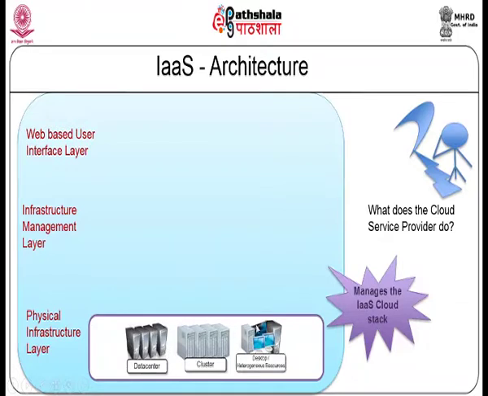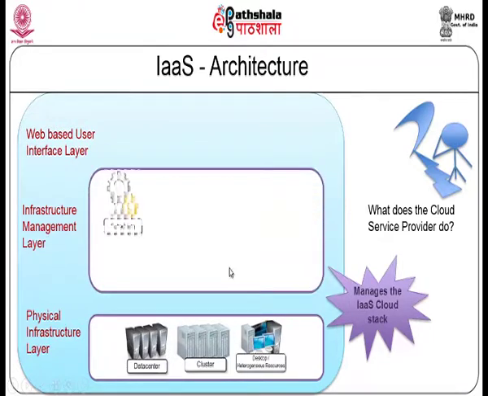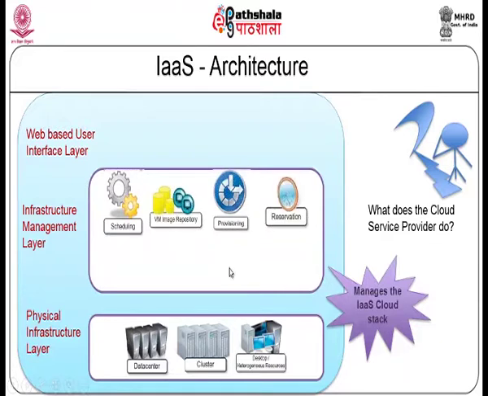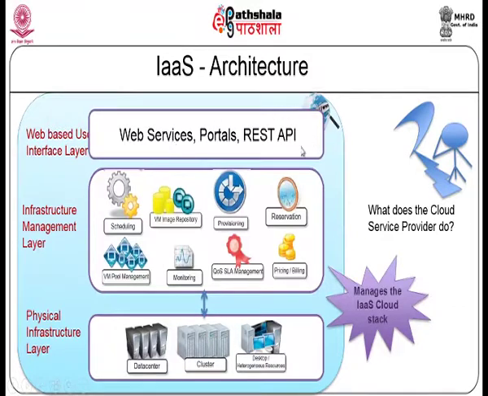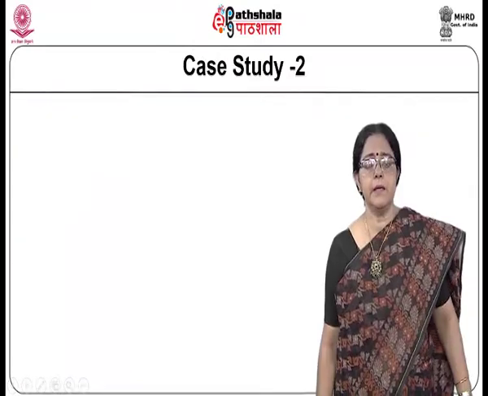The physical layer is being managed, the infrastructure management layer having all the scheduler, monitoring, resource provisioning, QoS, SLA will be managed, and then last but not least, access to the infrastructure through web services portals and REST API. So, this is the IaaS architecture.